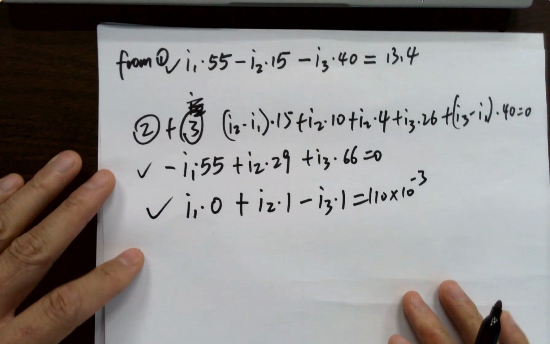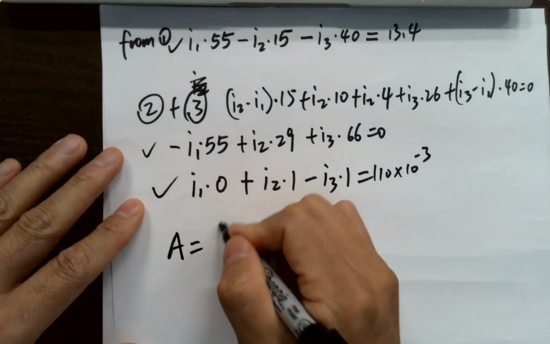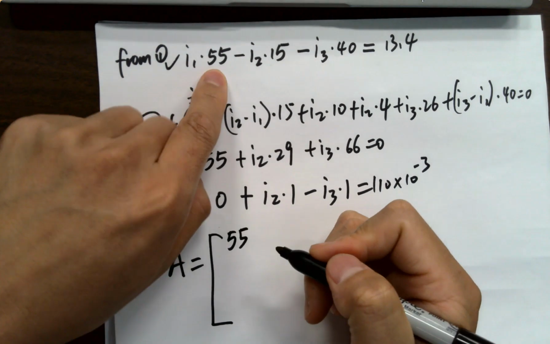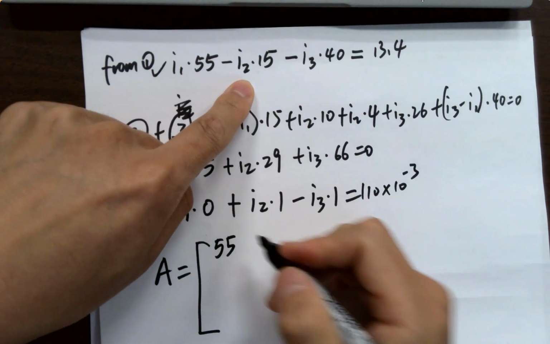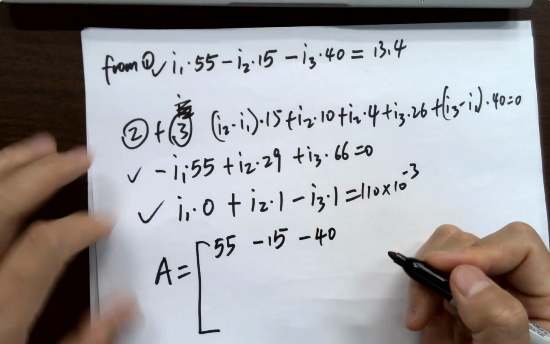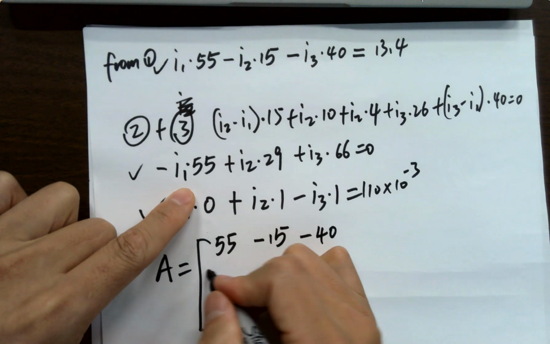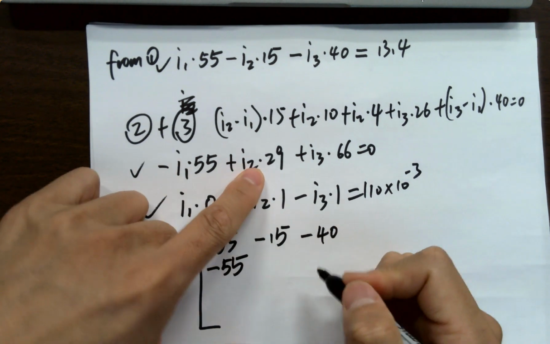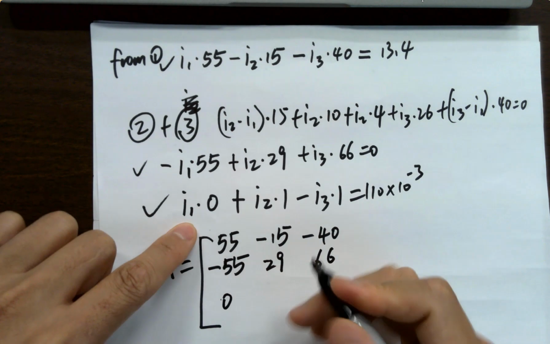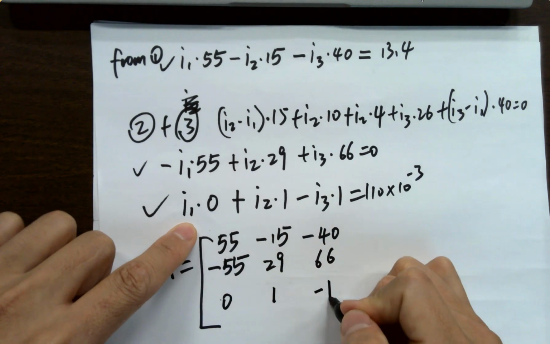So what's the matrix A? The coefficient matrix. 55, minus 15, minus 40 here, minus 55, 29, 66 here, 0, 1, minus 1.